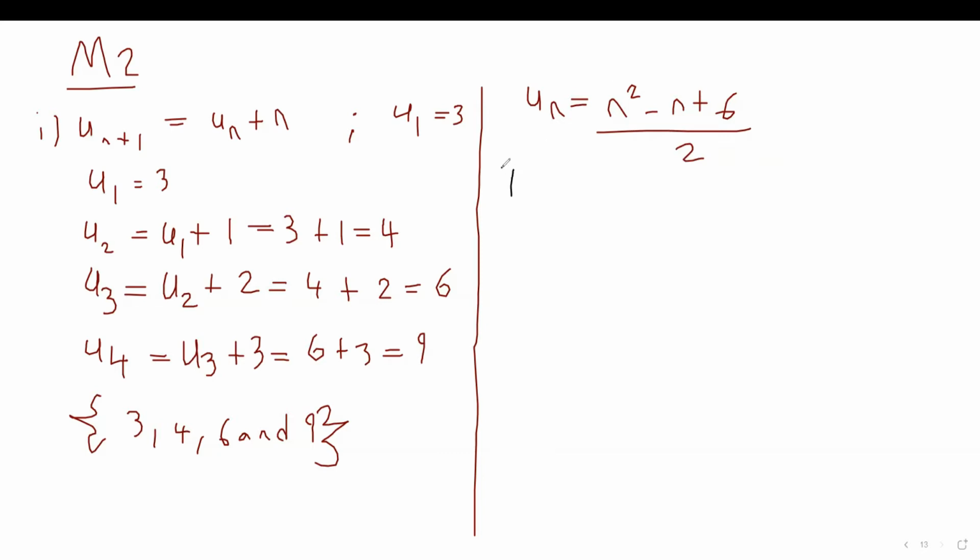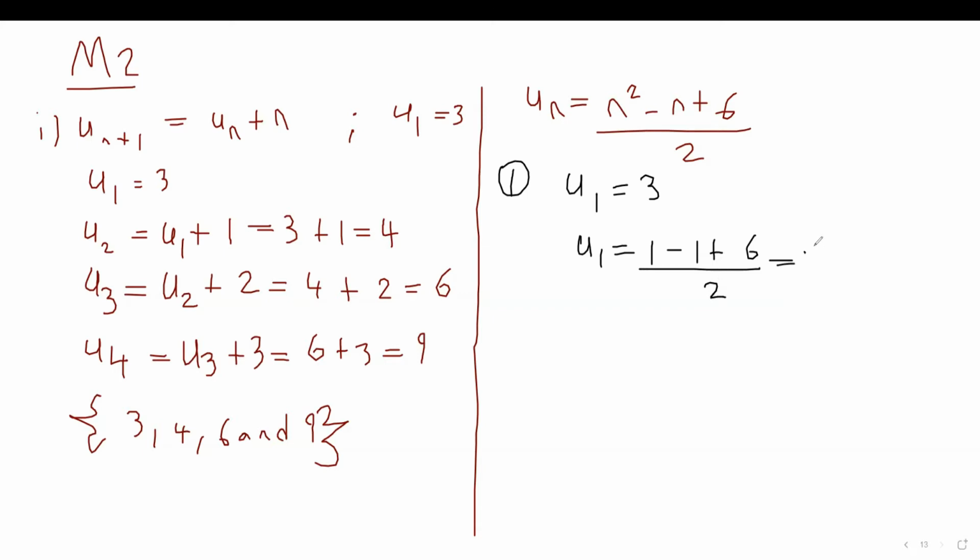Number one, we need to see if the formula is correct, of course. Remember, originally, u1 is supposed to be 3. So now testing the formula, u1 is equal to, plug in 1 up here, so we get 1 squared, which is 1, minus 1 plus 6, over 2, and yes, that is 3.